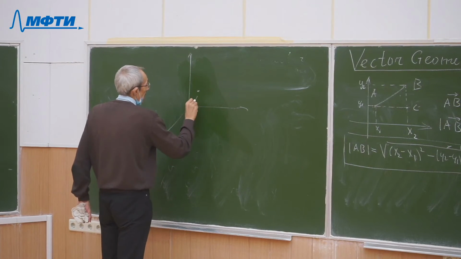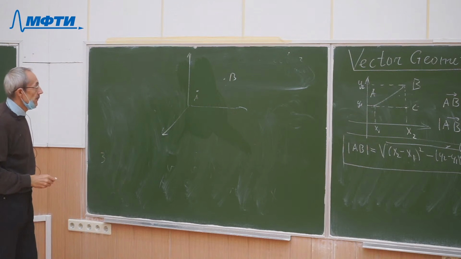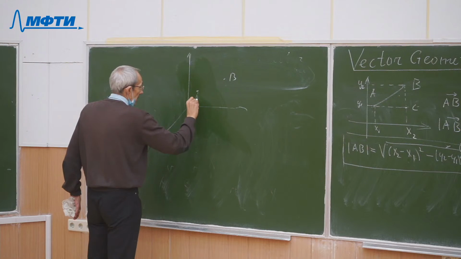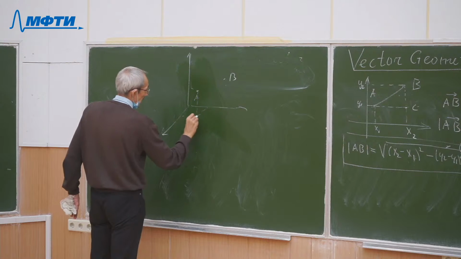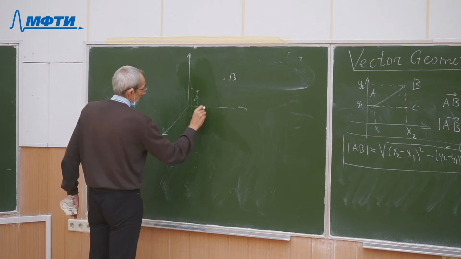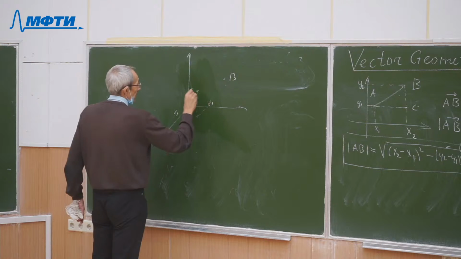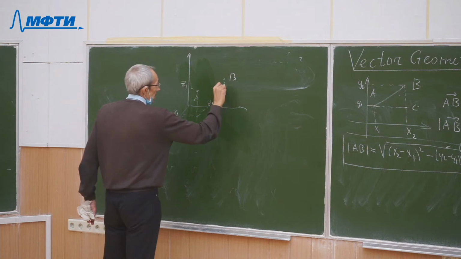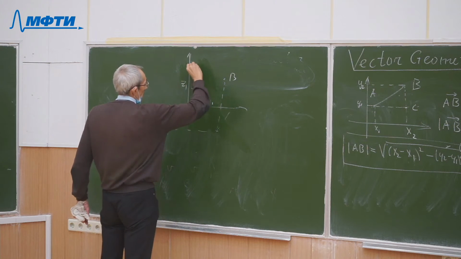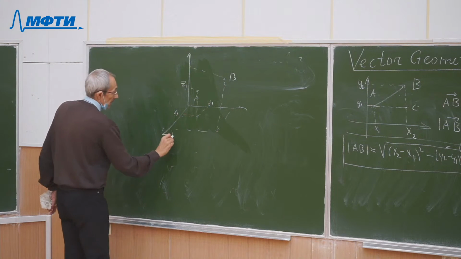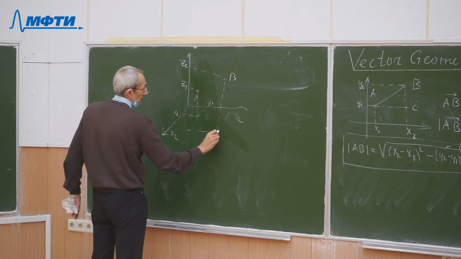Let A and B be some points in three-dimensional vector space, and let the coordinates of A be x1, y1, z1, and of B be x2, y2, and z2.